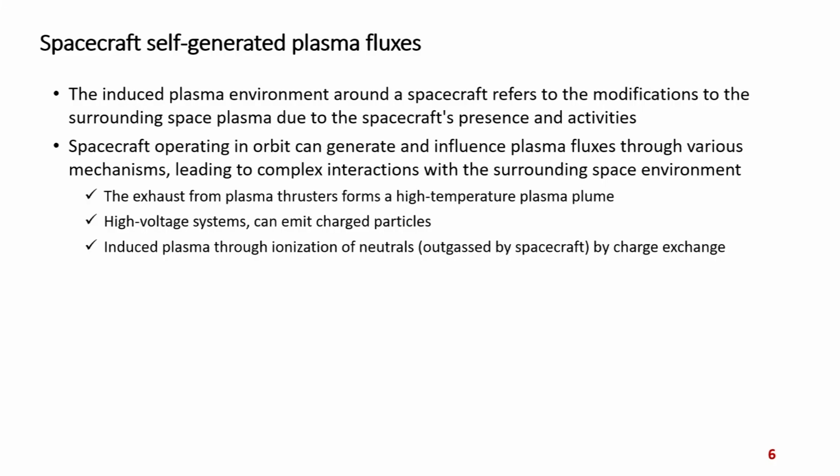As we have seen in the neutral environment, the spacecraft can also induce neutral particles through outgassing. So, in vacuum the outgassing happens. When those outgassed particles are impacted by very high energy particles, it can be a proton or even an electron.